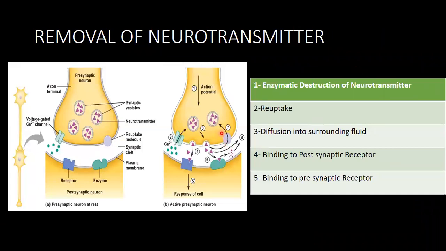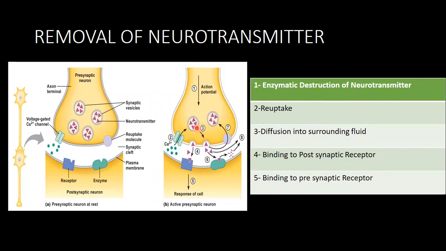The mechanism is very simple. If an impulse arises over here, then there is the opening of calcium channels. As soon as the impulse comes, the calcium-gated ion channels open and calcium starts moving into the nerve ending.